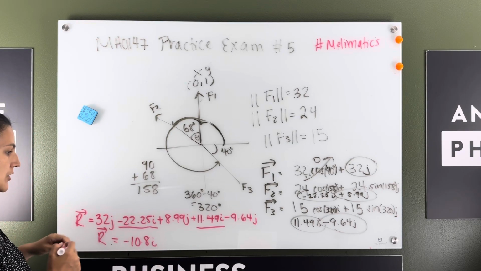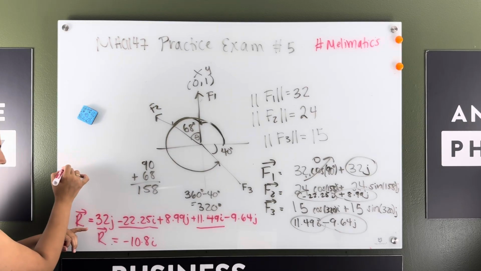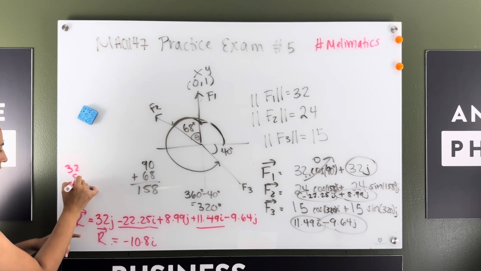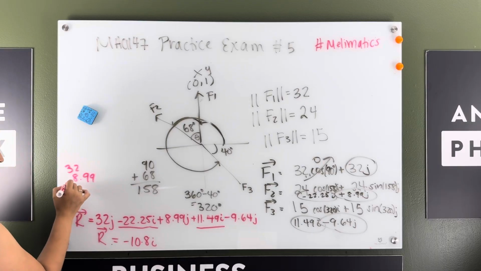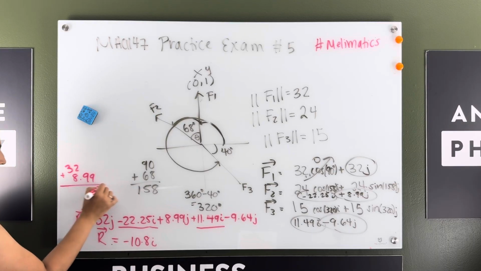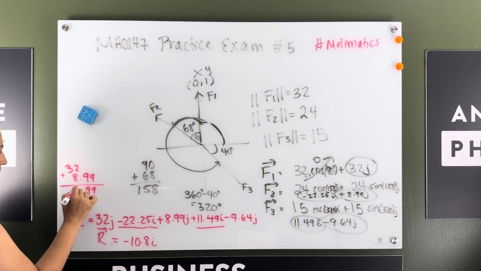And then of course you can get your j's together. So you're going to do your 32j plus your 8.99j minus your 9.64j. I'll just do it here.